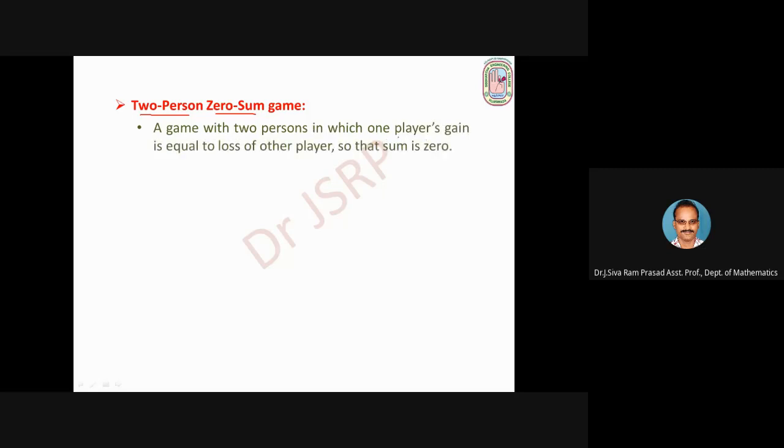Next, two-person zero-sum game. A game with two players or two persons in which one player's gain is equal to the loss of the other player, so that their sum is zero. Two-person means two players are involved. Zero-sum means the sum of the gain of one player and the loss of the other player is zero.